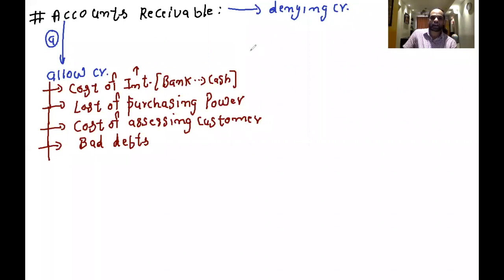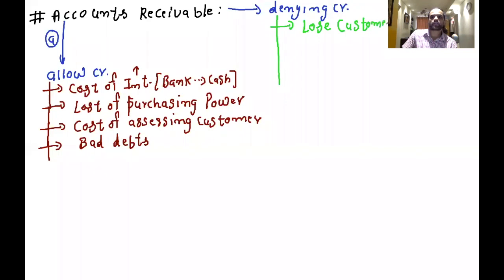So which means less accounts receivable, more cash items. Right? So the first problem of denying credit, one of the major problems, is losing customers.